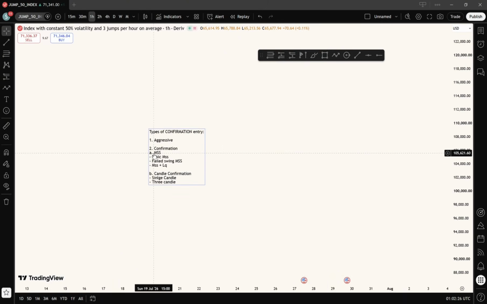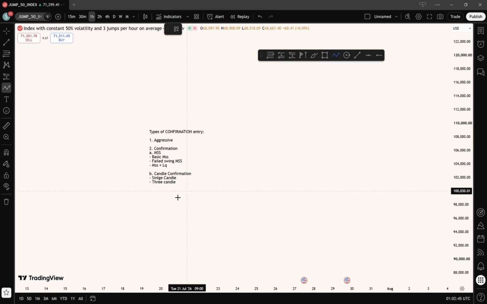MSS is also known as market structure shift. To me, there are three forms of MSS: basic MSS, failed swing MSS, and MSS plus liquidity. Let me show you how that works.